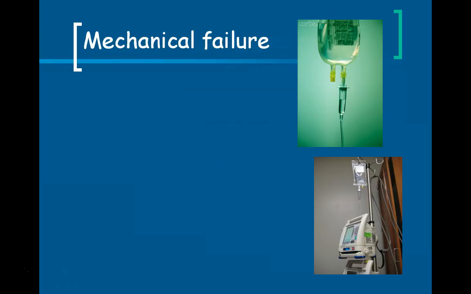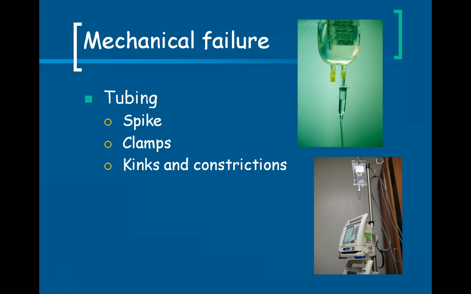So some of the different complications. Well, the first one isn't really a patient complication, it's more of a mechanical issue, but I wanted to mention some of the things that can go wrong mechanically. So first of all, if the ordered flow rate isn't being maintained, what might be happening? Well, we want to look at the tubing first.